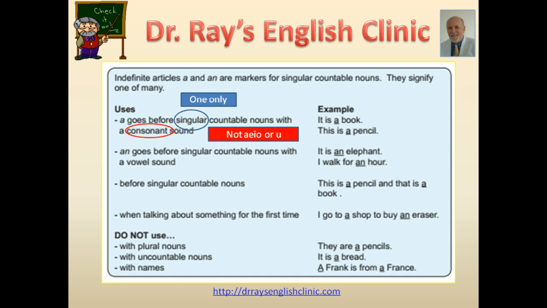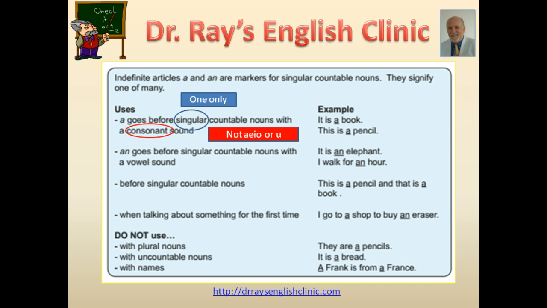So, notice it says a consonant sound, not a consonant by itself. So, let's have a look at an example. On the right-hand side, we see an example. It is a book. Okay, let's have a look at this. It is a book. How many books? One.